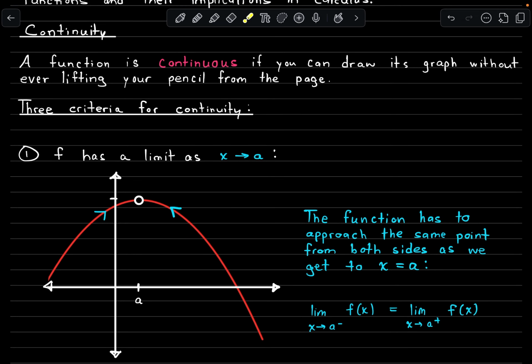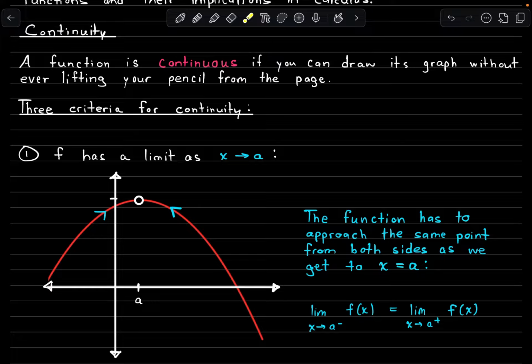The first requirement is that f actually has a limit as x is approaching a. Here a is some x value on our coordinate plane. As we approach a from the left and from the right, we have to be going to the same place in order for that limit to exist.